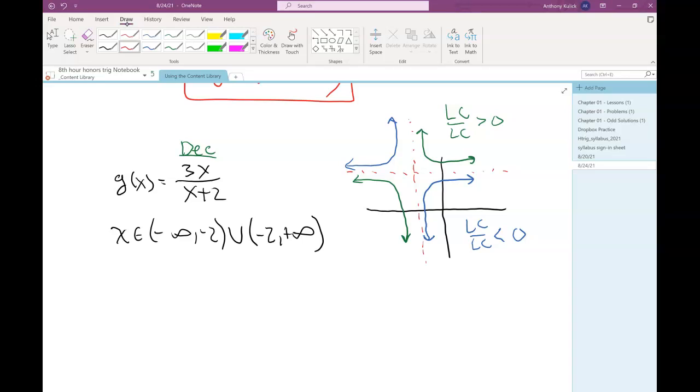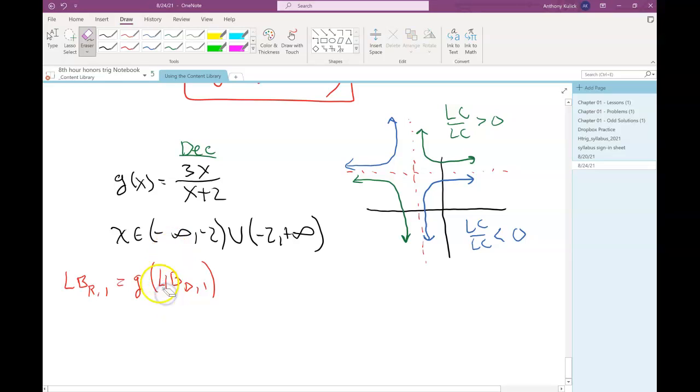All right. Since this is decreasing, I know that the upper bounds and lower bounds are going to be switched. So my lower bound for the range, the first part, is going to be g of the upper bound of the domain in the first part.